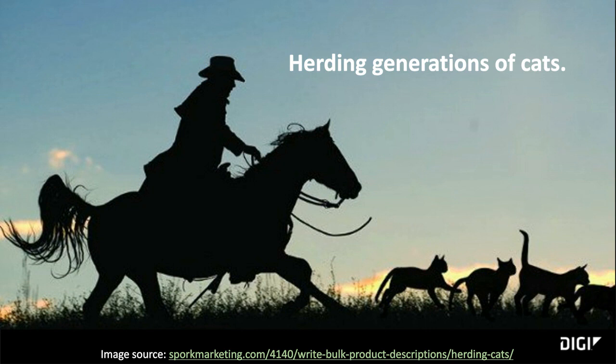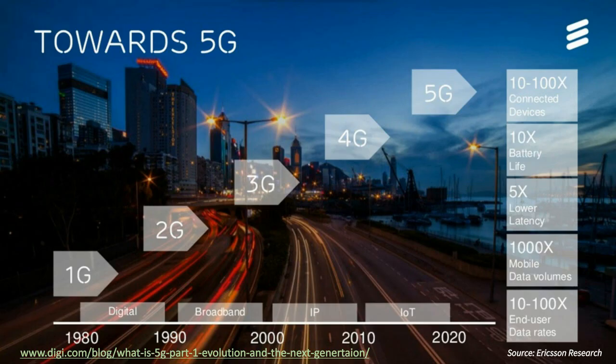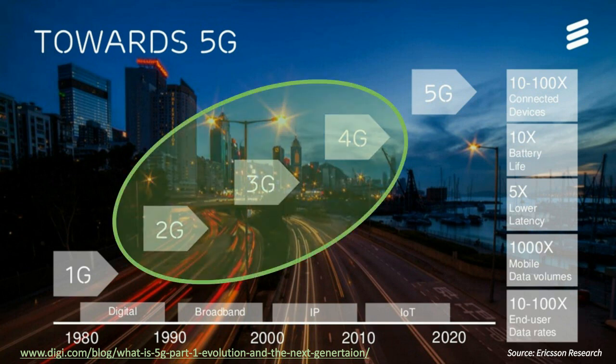The first part here is we've got the generational projection. I'm not going to go through this in detail today, but today at Digi, we are helping people migrate off of 2G, 3G, because they still have deployments, massive deployments in some cases on 2G. We're deploying in 4G on a daily basis, thousands and thousands of devices.